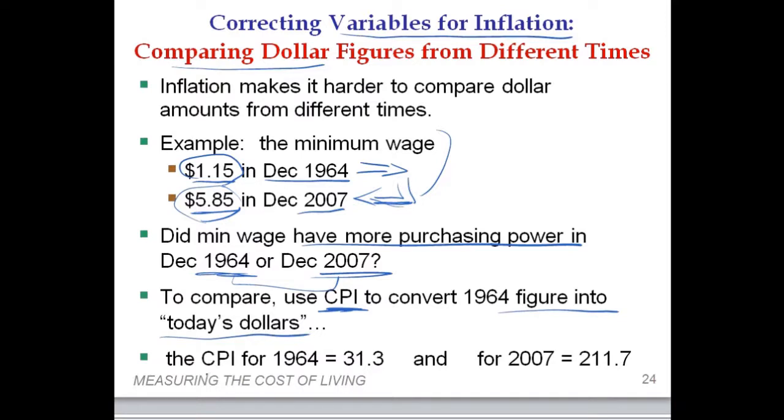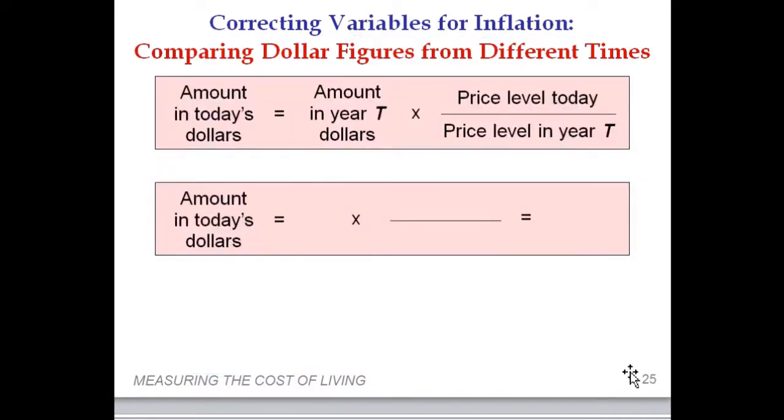To find out the answer, we will need to know the CPI for the year 1964 and for the year 2007. In this exercise, the CPI for the year 1964 is 31.3 and the CPI for the year 2007 is 211.7.